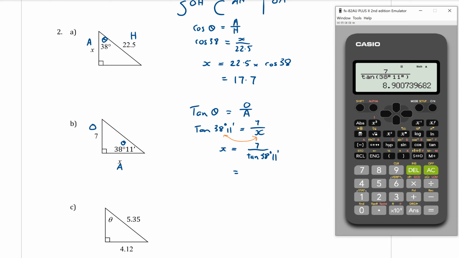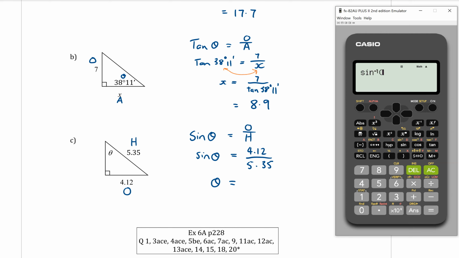So in here we go shift sine to bring up that sine with a little -1. Then we need our fraction button, 4.12 over 5.35. Close bracket equals. Now this is an angle, so let's practice doing degrees and minutes.